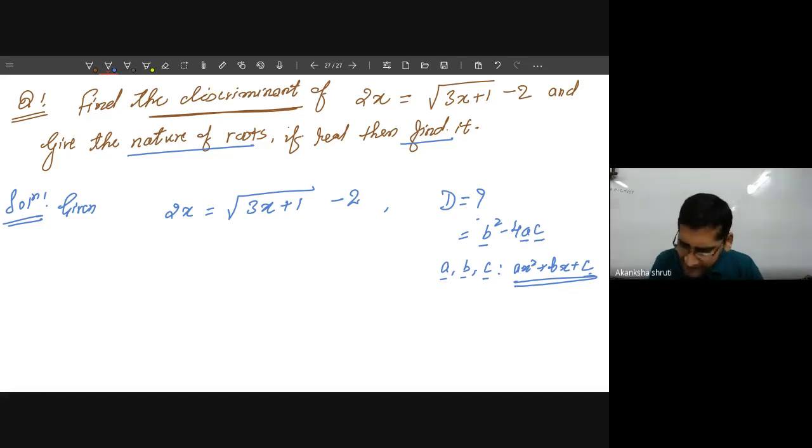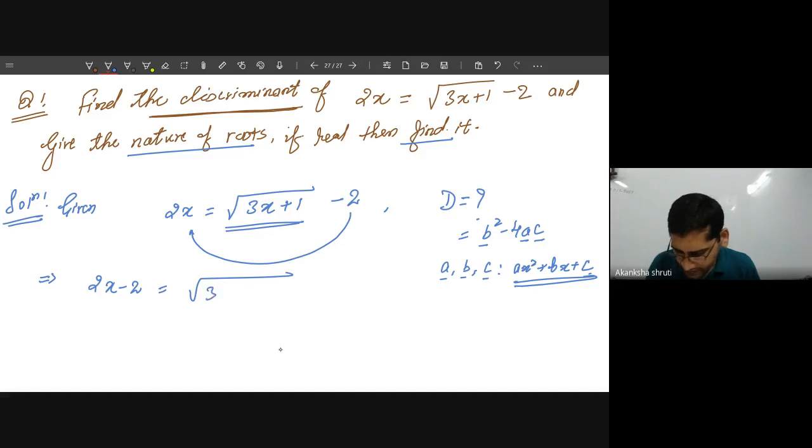For that, the very first step is keep the root alone on one side and transfer all the other constant and variable on the other side. So that we are going to do. So this implies 2x minus 2 is equals to under root of 3x plus 1. After this, we have to go for squaring it.